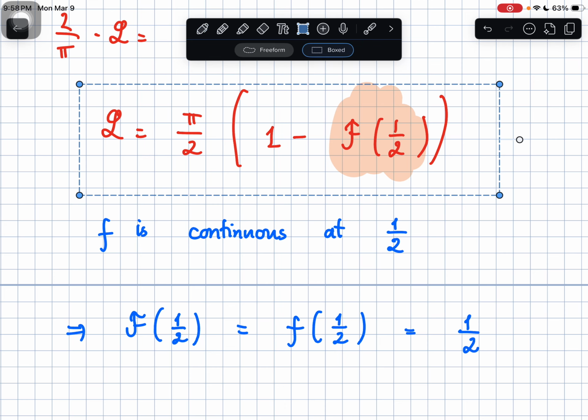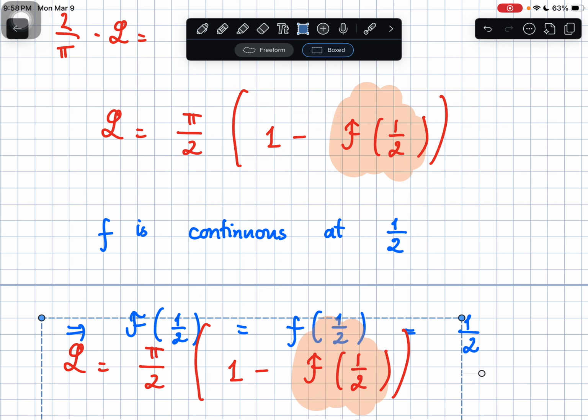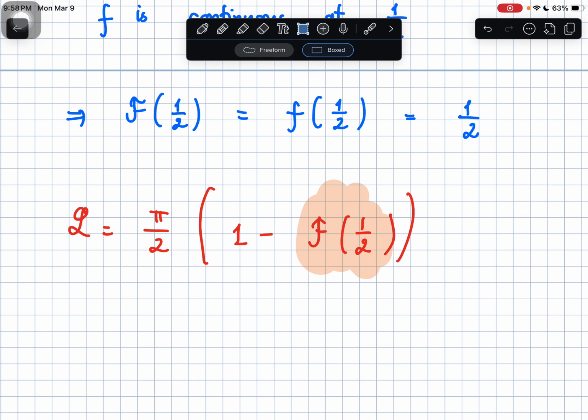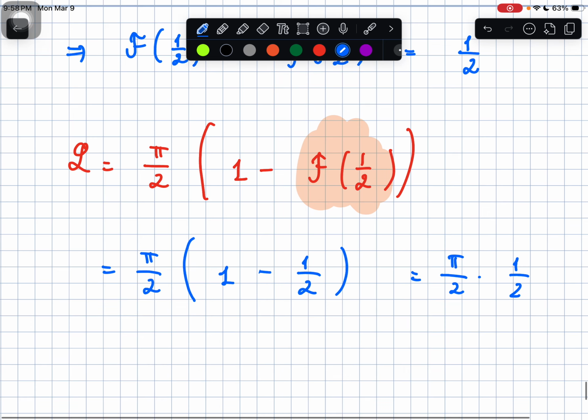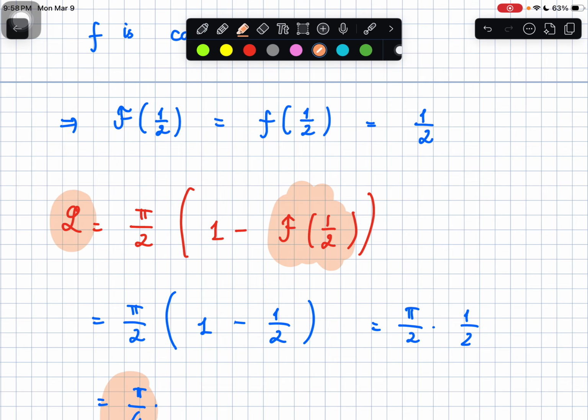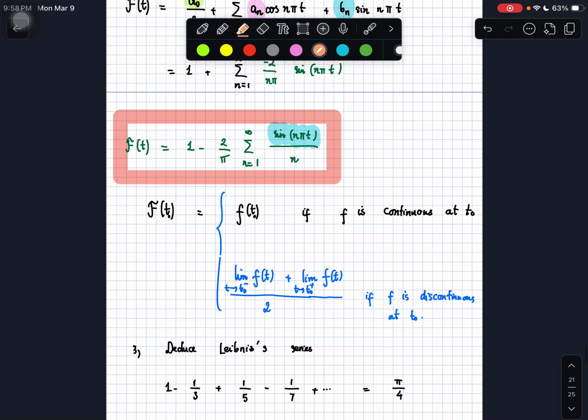So the Leibniz series L equals pi over 2 times 1 minus 1/2, which is pi over 2 times 1/2, which is pi over 4. And that's what we need to show. L equals pi over 4.